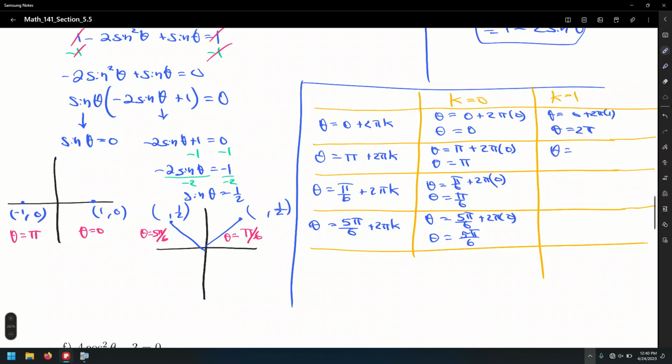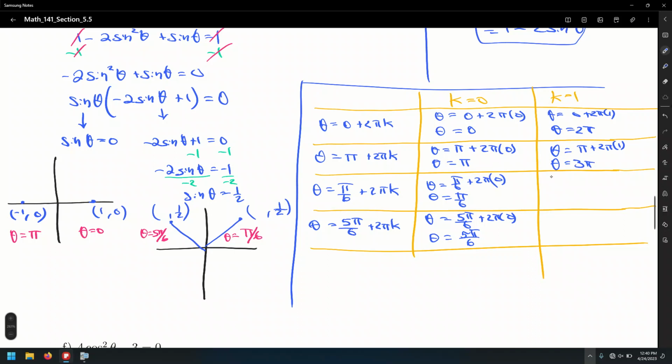For the next value, theta equals pi plus 2 pi times 1. Combining these numbers, that's 2 pi plus pi, which equals 3 pi. That's also outside of the interval 0 to 2 pi.